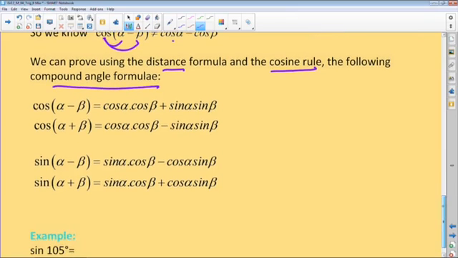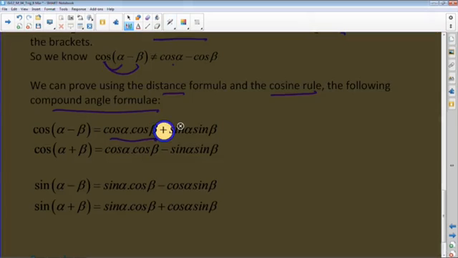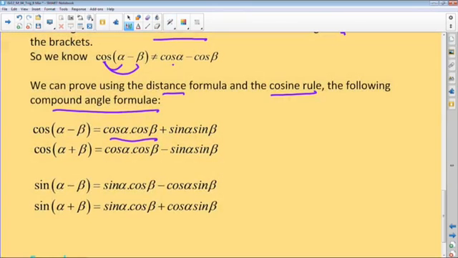So we can show that cos of alpha minus beta is cos alpha times cos beta, and importantly, the important thing here is the plus. So have a look at that. We've got cos of alpha minus beta is cos of alpha times cos beta plus.